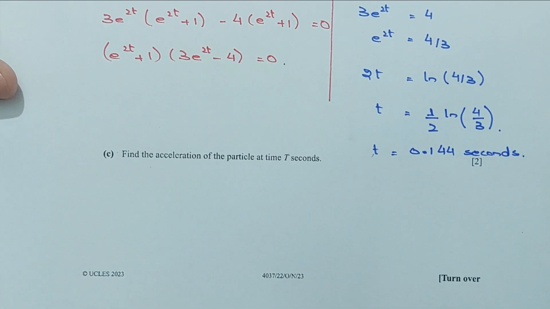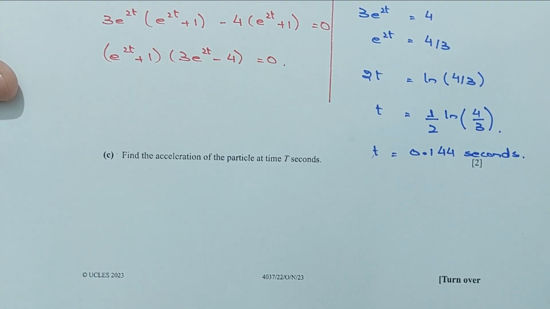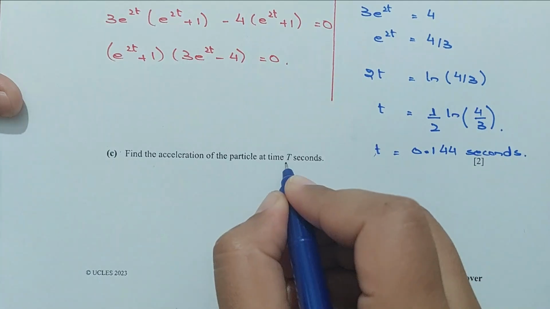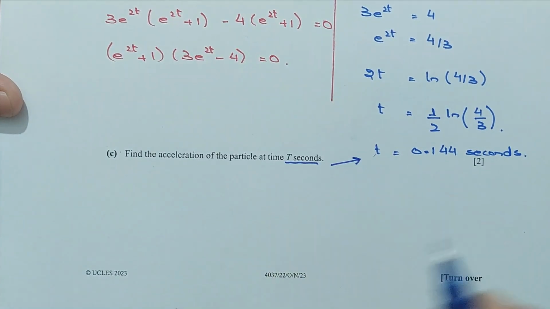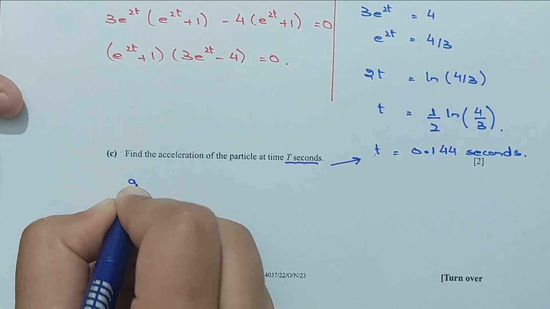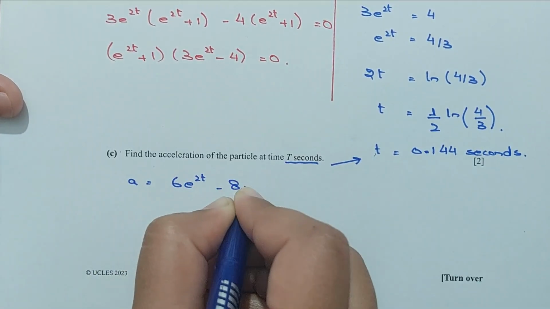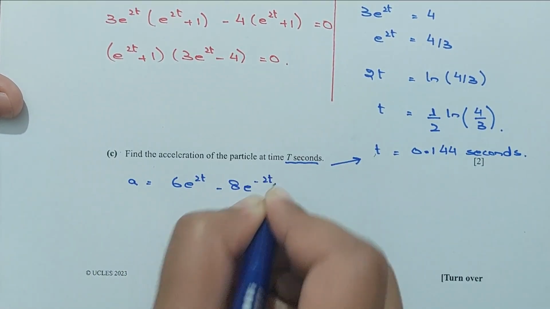Now moving to part C, find the acceleration of the particle at the time t seconds. So this is the time t seconds. We have to find the acceleration. The acceleration we got is 6 e power 2t minus 8 e power minus 2t, right?